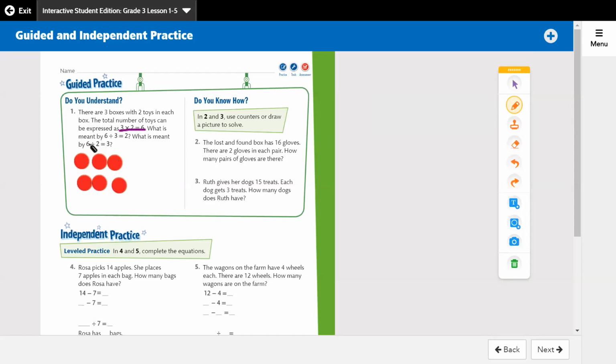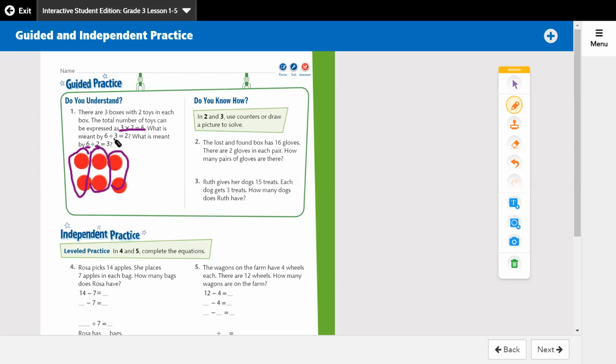So in all, the first number in your division sentence will always be your total number of items. In this case, 6. This division sign is telling you put into groups of, and then it'll tell you how many groups it's going to need. So if we put it into groups of 2, you end up with 3.